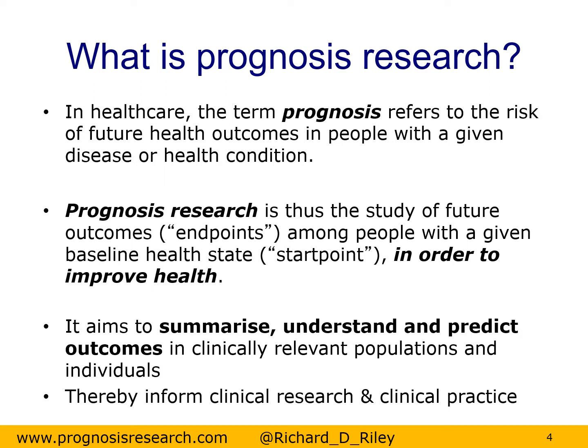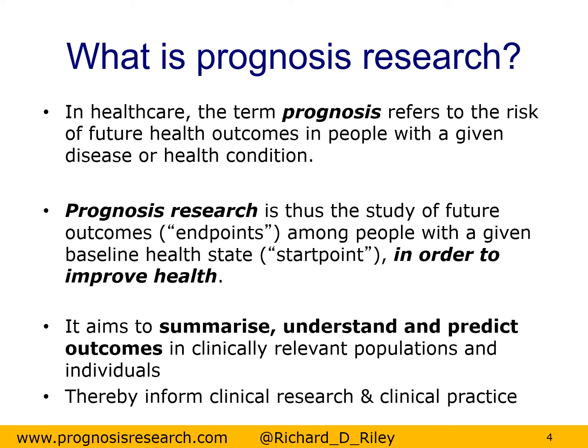So prognosis research is the investigation of those relevant outcomes in those people with that particular health state of interest. In other words, we're interested in start points, diagnosis of disease, onset of pregnancy, and endpoints. Things that haven't happened yet, but things that may occur in the future.